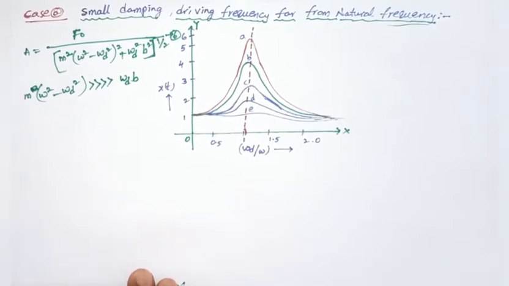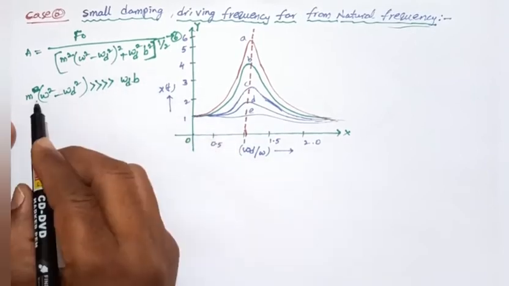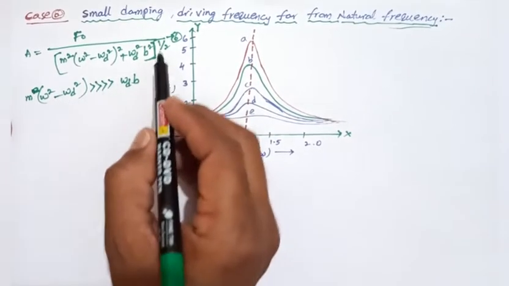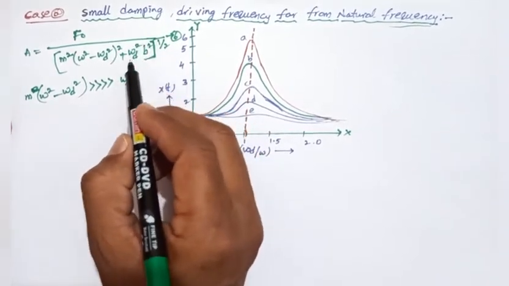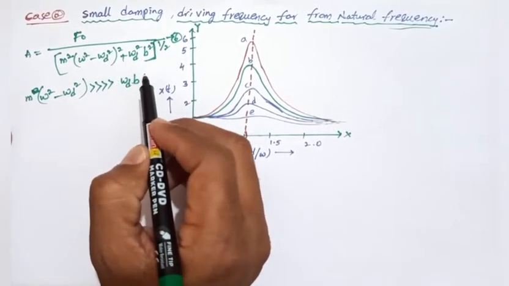The second term, omega d square b square, is very small compared to this term, so we can neglect it.